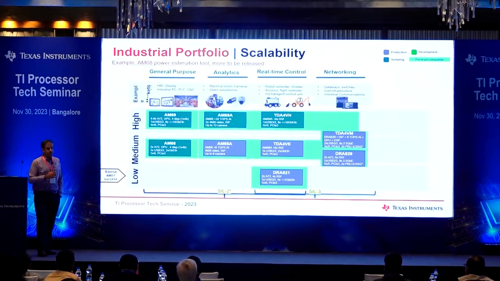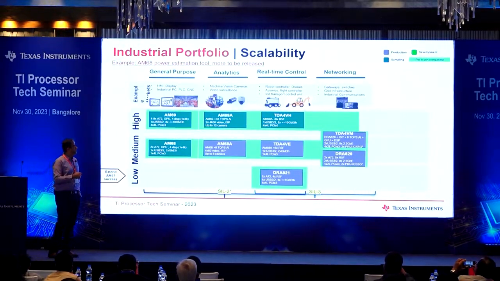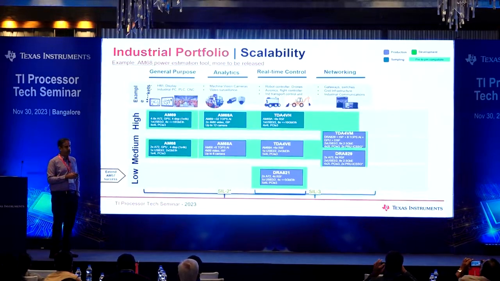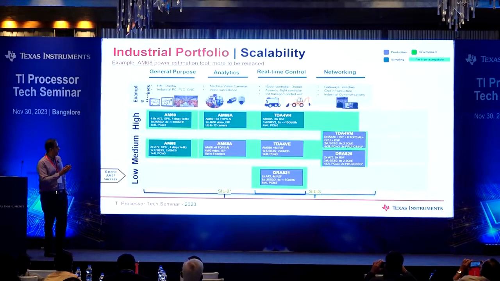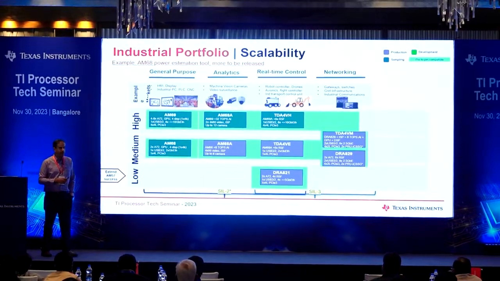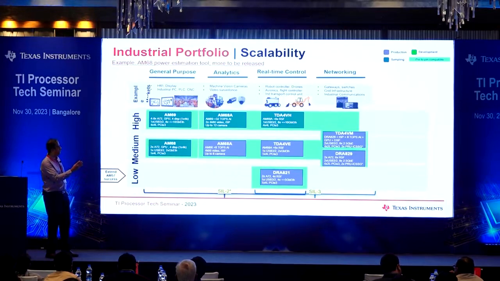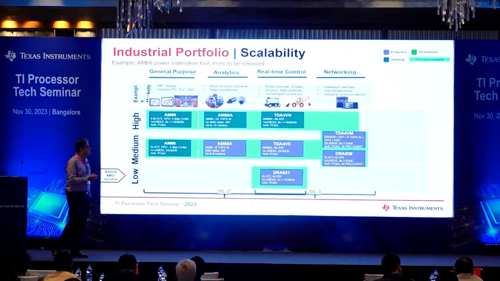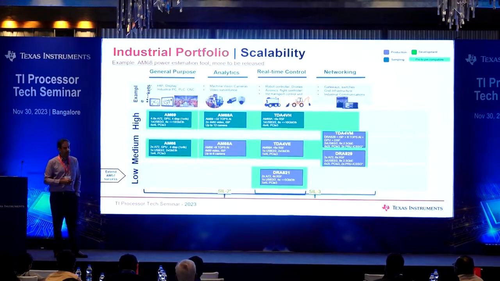Zooming in a little bit on the industrial portfolio, we've got 2 families right now, the AM68 and the AM69 family, which are categorized into 4 different market segments: general purpose, analytics, real-time control, and networking.